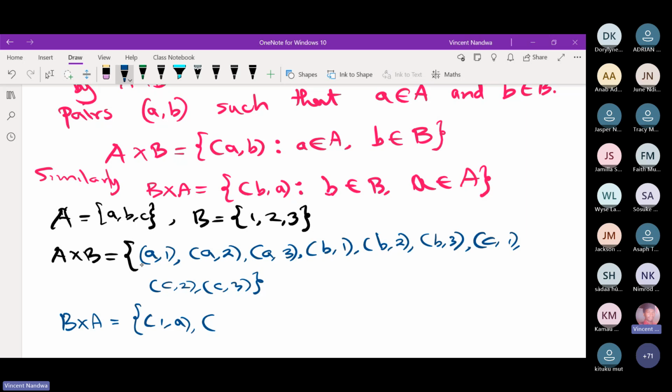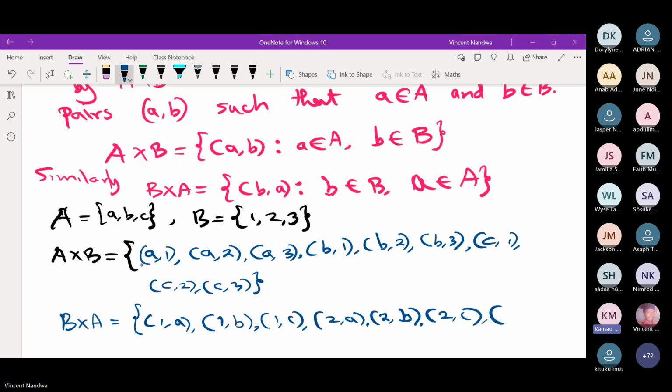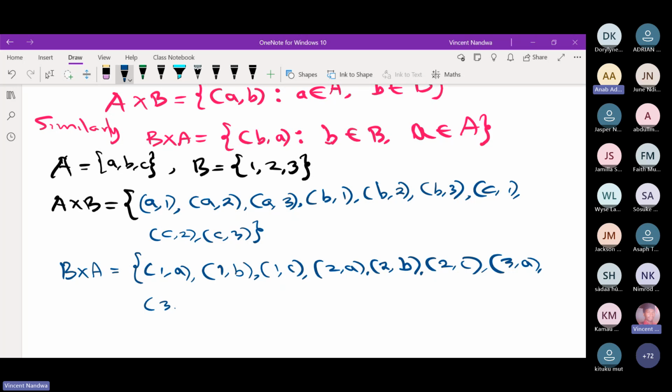The next will be (2, a), followed by (2, b), followed by (2, c). And then next (3, a), (3, b), (3, c).